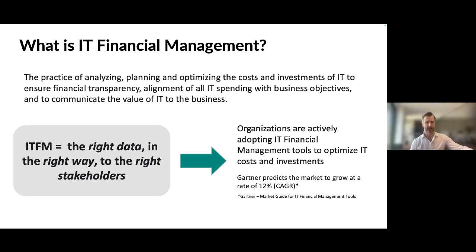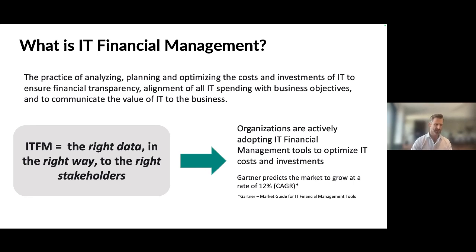So as noted, this is a formal definition of what IT financial management is. But if we want to look at the bottom box there on the left, really it is about providing individuals with the right data in the right way to the right stakeholders. Because again, data is great, but the problem is it's got to be in the right context. It's got to be consistent.